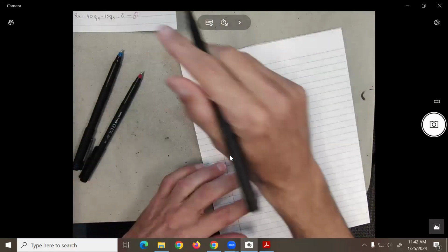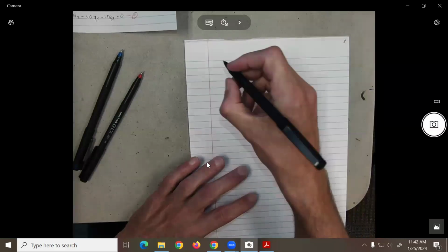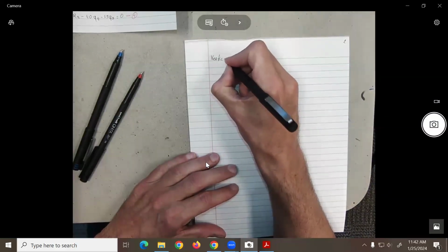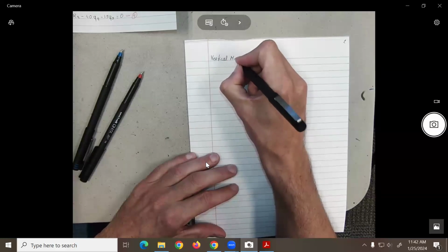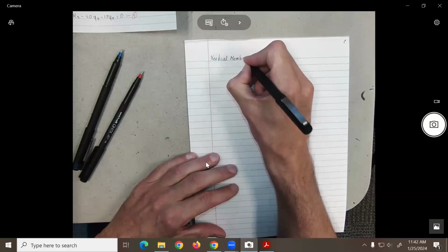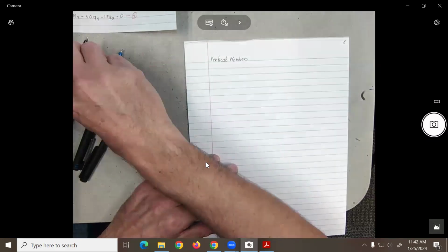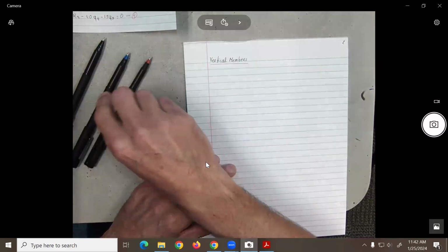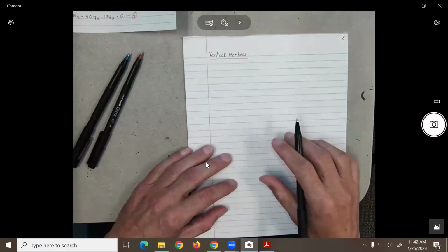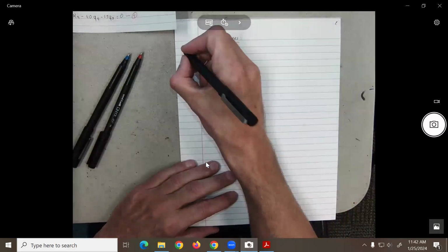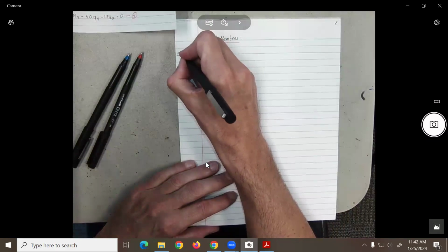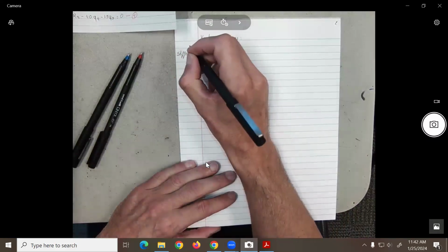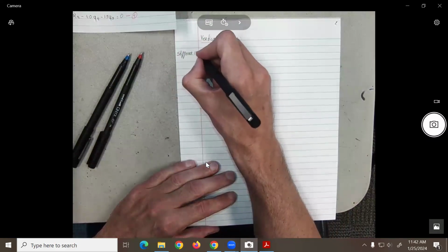Okay, so we did the horizontal members. Now we're going to look at the vertical members. Okay, so let's look at stiffener 14.11.